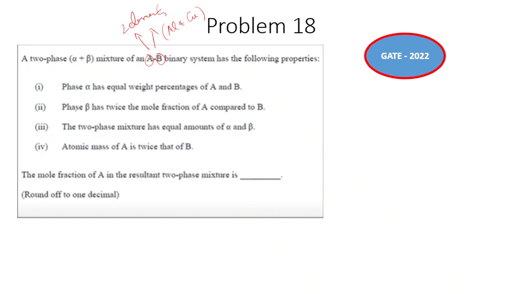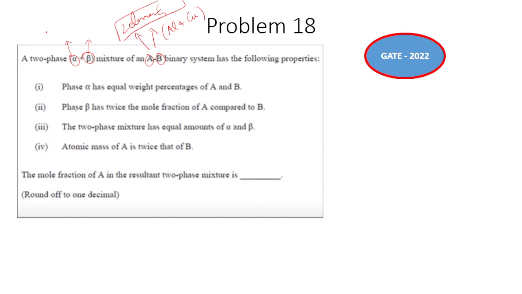Just roughly, the mixture of these two elements is giving two phases, alpha and beta.